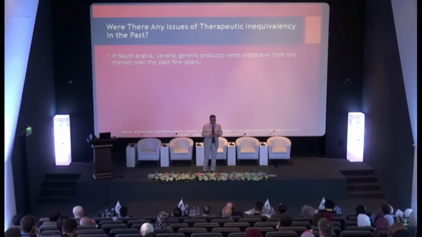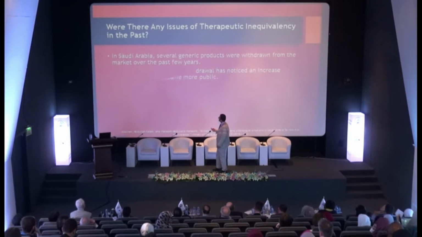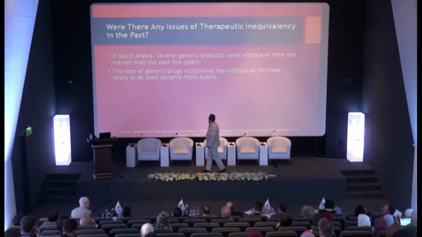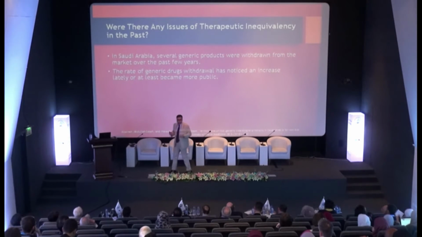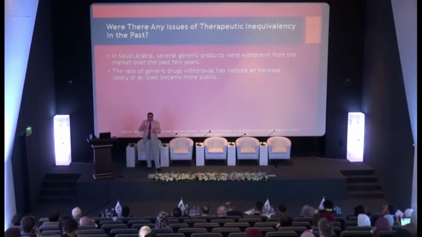Once they receive it, our colleagues at the Saudi FDA will investigate and verify it. Public confidence was actually boosted because they witnessed that for every single problem, the Saudi FDA acts. So they became more active in reporting any issues with generic medications.